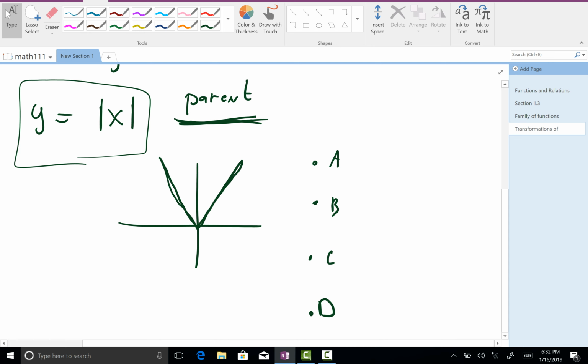So here's what we're going to do. We're going to put A, and then I'm going to put the absolute value, which I believe is underneath functions and miscellaneous. Am I right? There it is. It's ABS. They call it ABS.